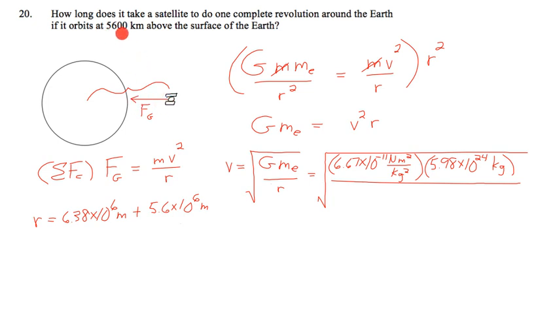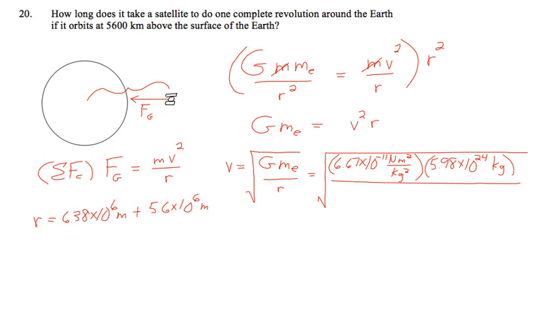It orbits that high above the surface of the Earth. So 5,600, and that's 6,380 kilometers, or 6.38 times 10 to the 6 meters. So if I add these two numbers together, what am I going to get? Looks like I'm going to get like 11.98.